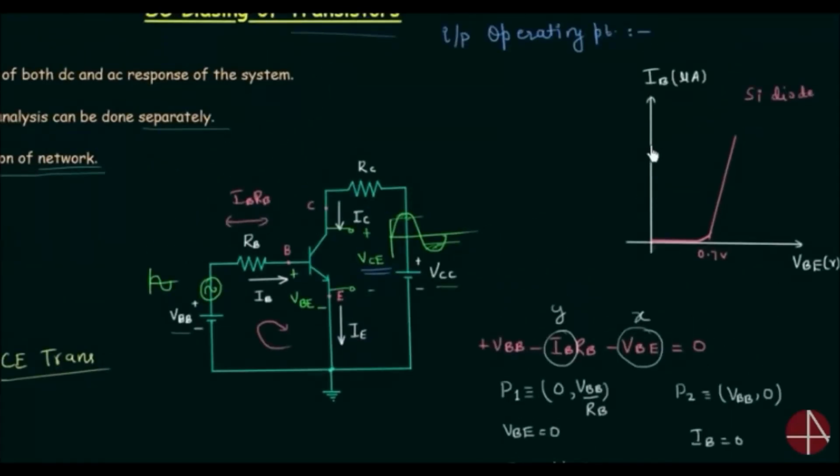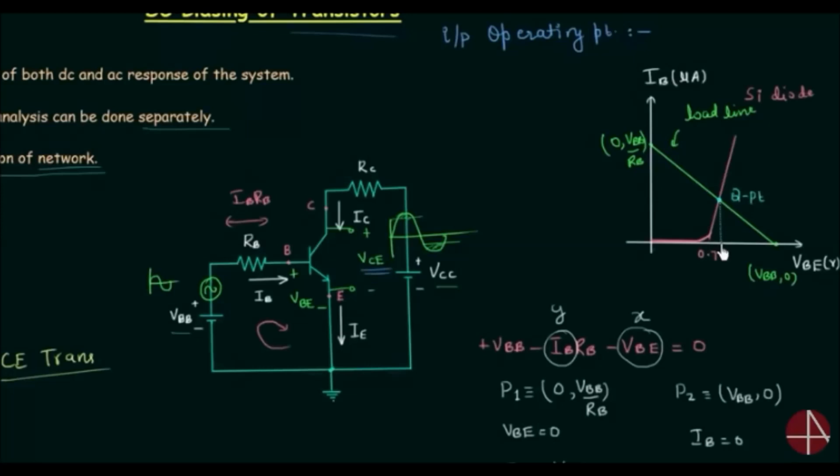The first point P1 has coordinates 0, VBB divided by RB, and this is point P2 having the coordinates VBB, 0. I will join the 2 points and the obtained line is the load line, and the point of intersection is the input operating point.